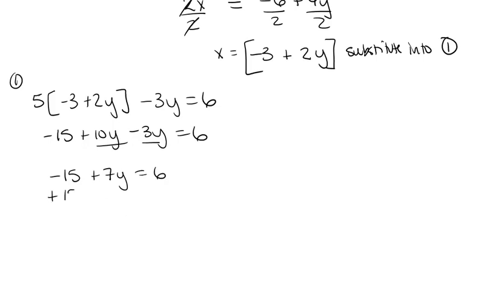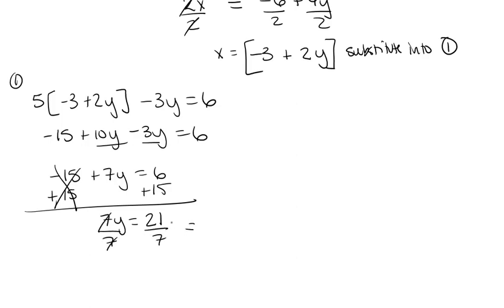The next step would be to add 15 to both sides. This gets rid of it here. So now we have 7y equals 6 plus 15 is 21. To get y by itself, we divide by 7 on both sides. So then y is equal to 21 over 7, which is equal to 3. So y is equal to 3.